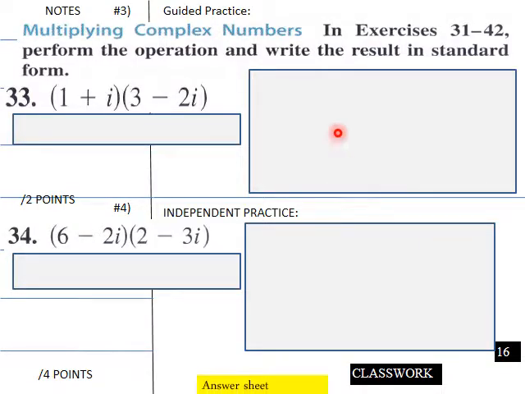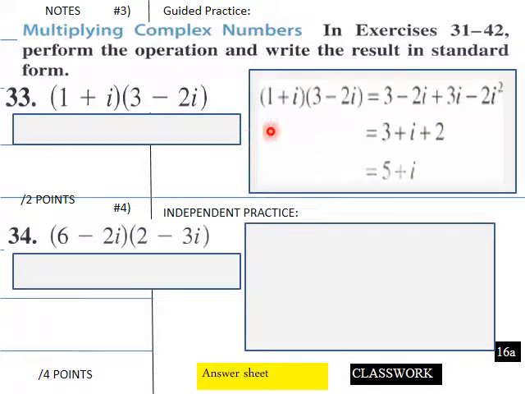Okay, let's try an example here: (1 + i) times (3 - 2i). We've got two binomials here, so when we multiply these out, we're going to use the distributive property.